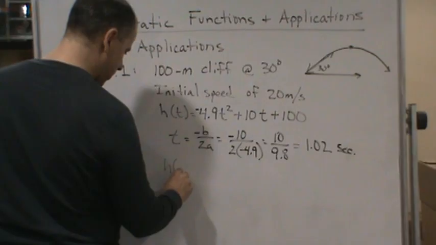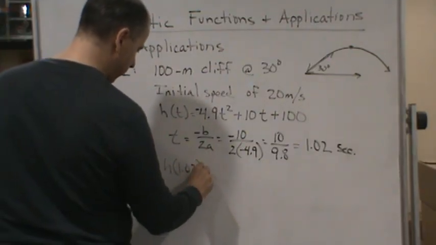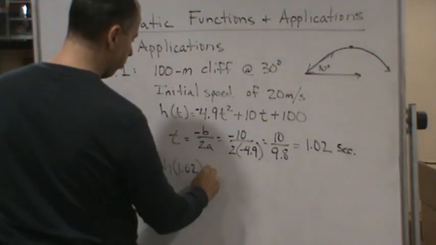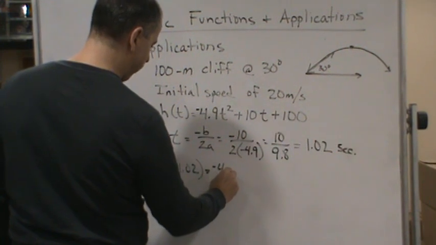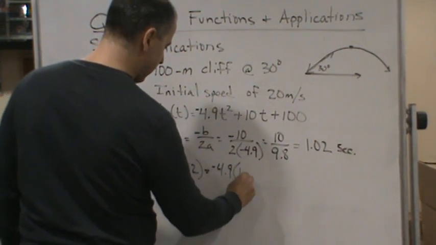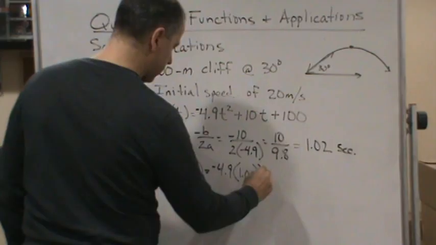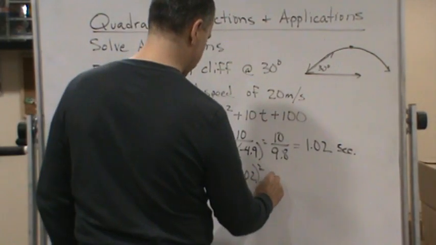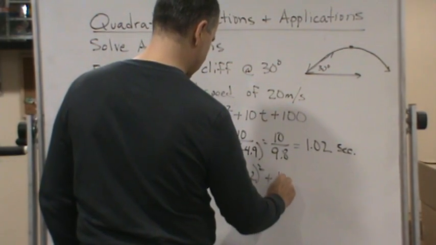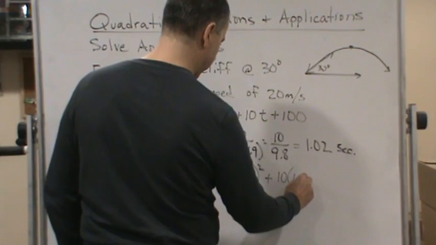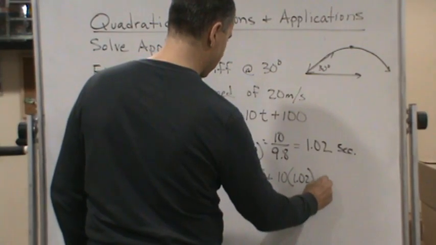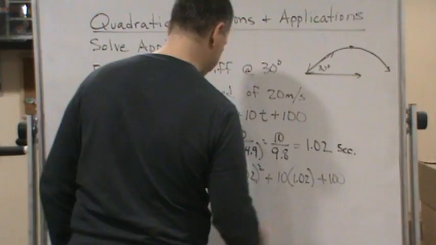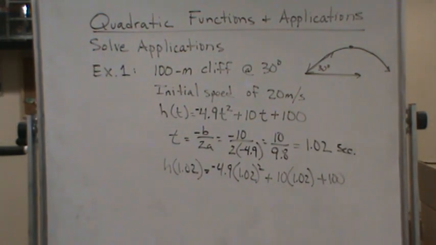So if I do h of 1.02, that's going to be negative 4.9 times 1.02 squared plus 10 times 1.02 plus 100. Okay, so again, if I take my calculator, we're just going to chug it out.